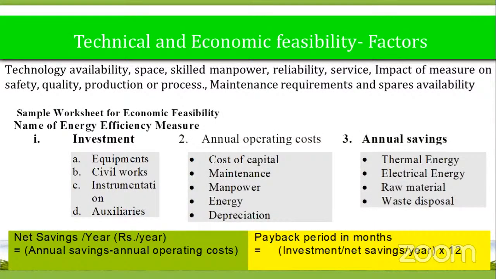Technical and economic feasibility factors: technology availability, space, skilled manpower, reliability, service, impact of the measure on safety, quality, production or process, maintenance requirements, and spares availability make up the technical and economic feasibility. For example, if space is a constraint, say a parking lot needing 100 acres of land, we can instead go for a PLC-based parking system, which is commonly available nowadays.